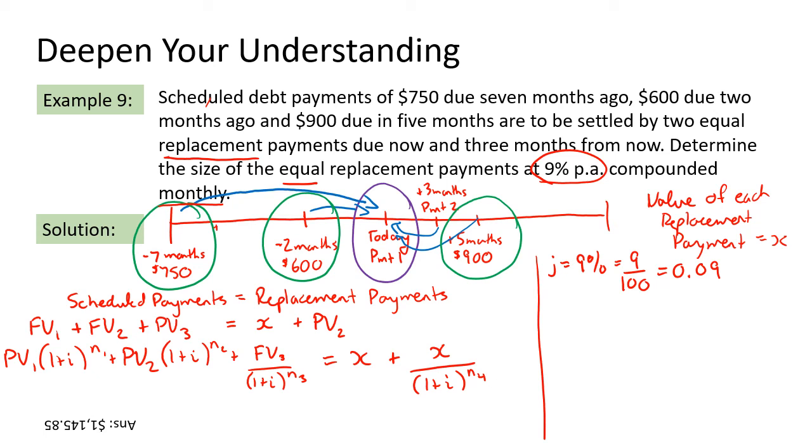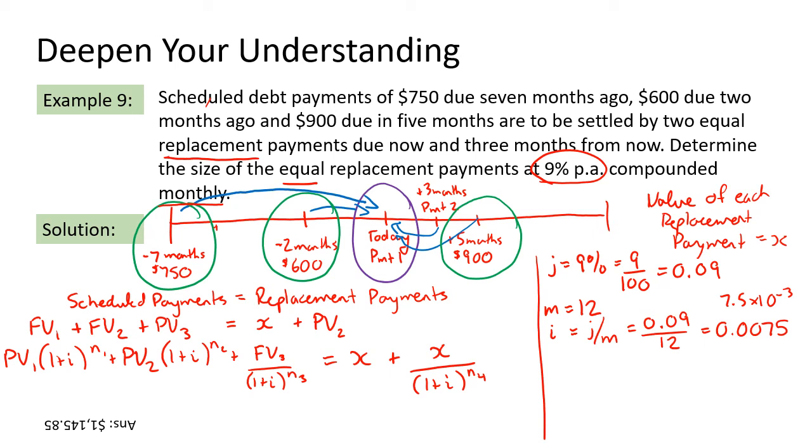Our number of compounding periods per year, M, is given in the question as monthly, so that means M is 12. Our periodic interest rate is equal to J divided by M. Again, it's the same for every one of these, right, because the interest rate doesn't change. And that's equal to 0.09 divided by 12, which is equal to 0.0075, or some of your calculators will show it as 7.5 times 10 to the negative 3. Those numbers are the same.